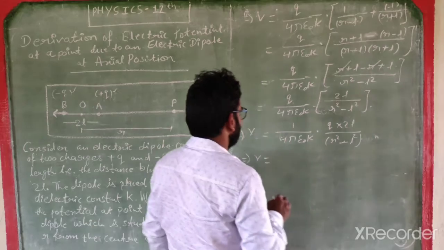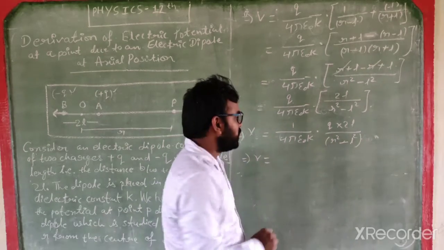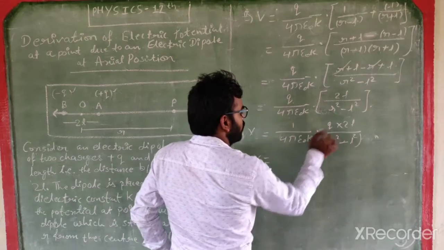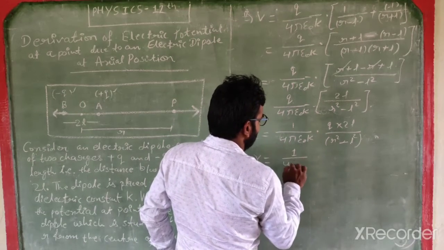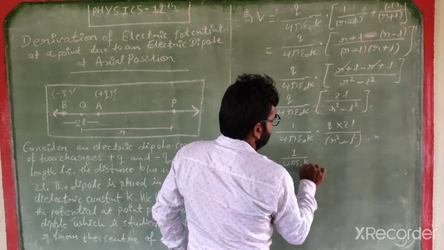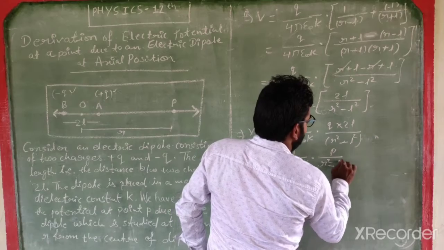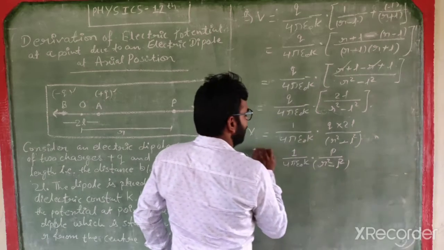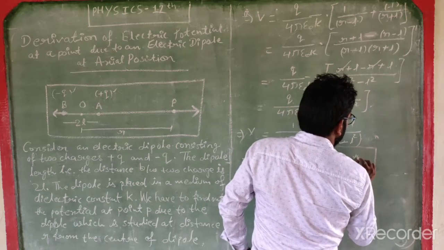The electric dipole moment P is equal to Q into 2L. So V is equal to 1 upon 4 pi epsilon naught into K, and P by R square minus L square, volt.